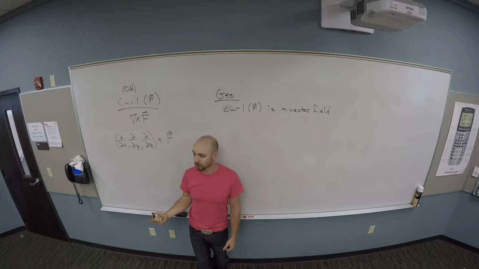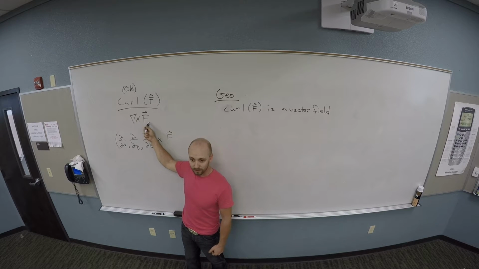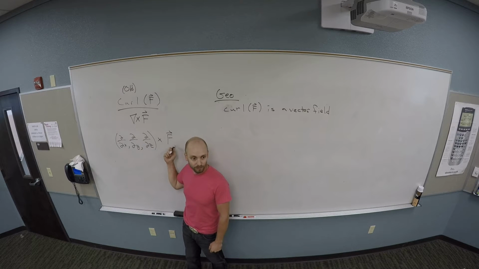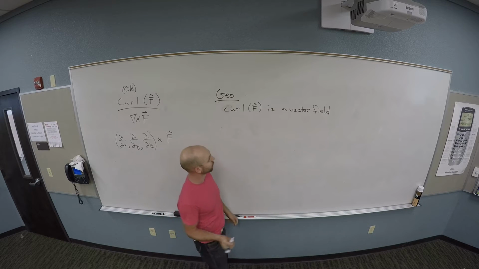When you cross product two vectors, you're going to get a vector. This one's a function of x, y, and z. This thing's just partials, so it's not going to change the fact that your result's going to be a function of x, y, and z, and it's going to be vector valued, right? So I'm definitely getting a vector field out of this thing.